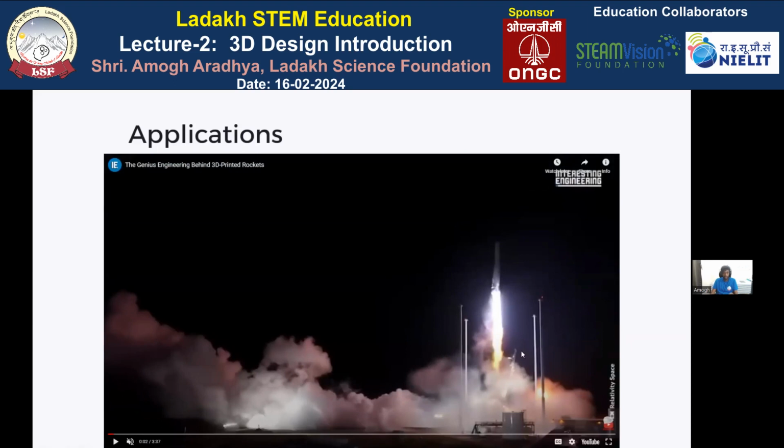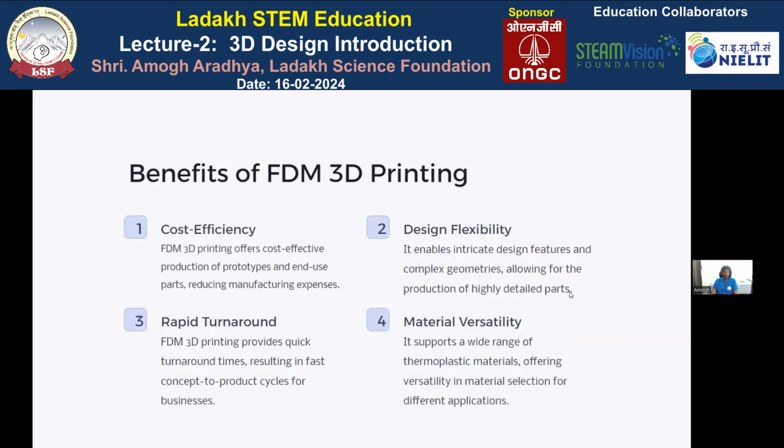And look at this. This nozzle, which has been 3D printed, is able to sustain high temperatures. So it is not limited to prototyping, it can also be used for such complex parts, and it will also weigh less than a conventionally manufactured part.